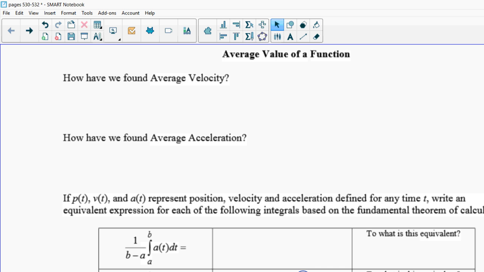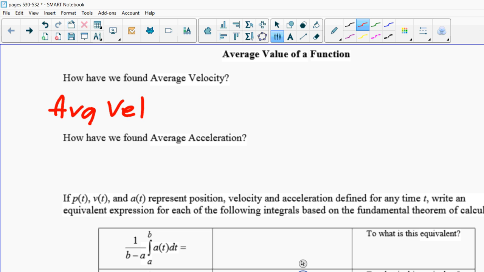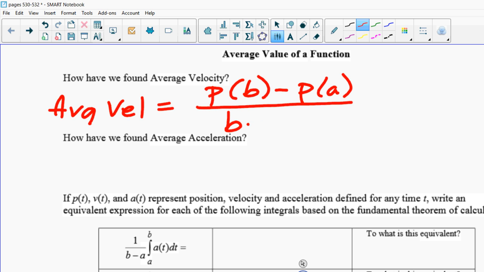Okay. Average value of a function. Do you remember how we have found average velocity before? And how'd we do it? That's right. Average velocity is the change in position divided by the change in time.